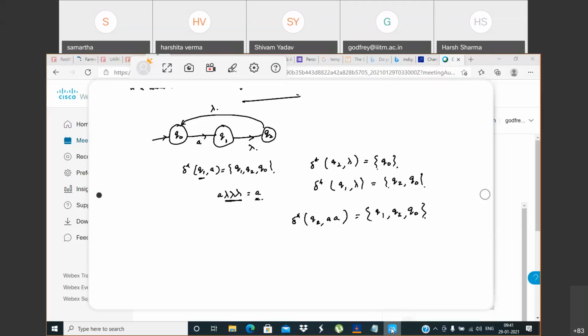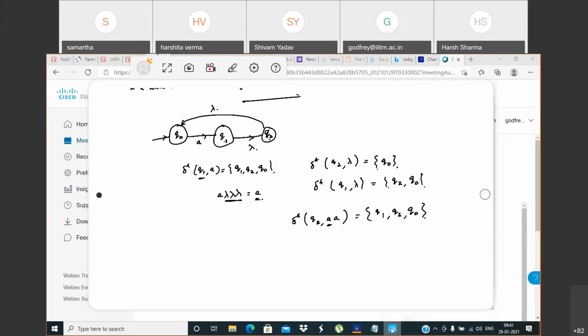Are you able to follow this? Yes, sir. So from Q2, without any input, I'll be able to go to Q1, and then once more without any input, I'll be able to reach Q0. With only one A, I will be able to come to Q1, then once more without any input, I'll be able to go to Q2 and also to Q0.